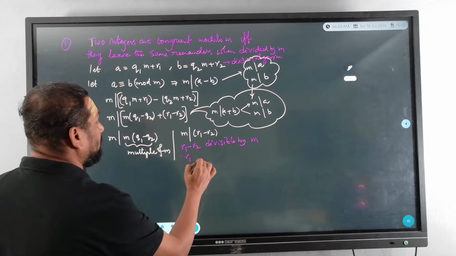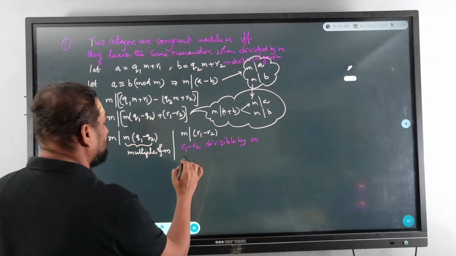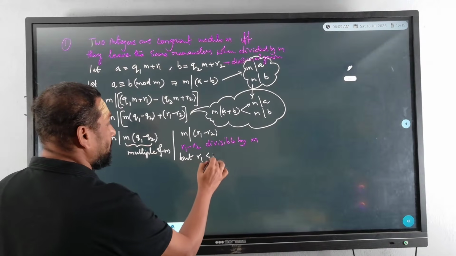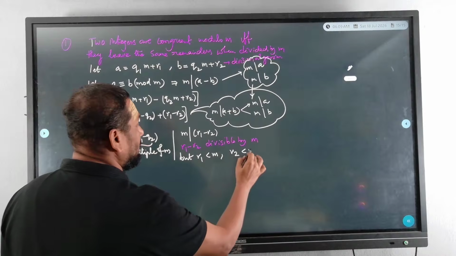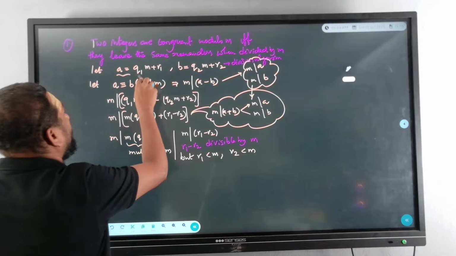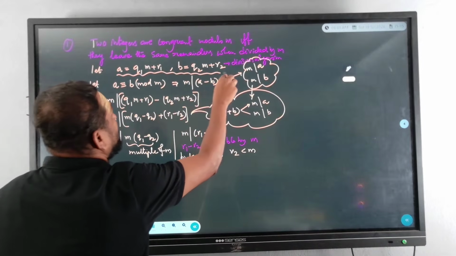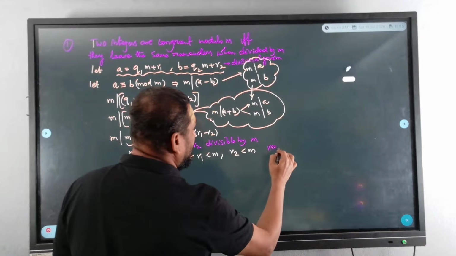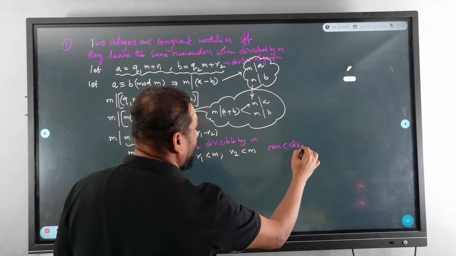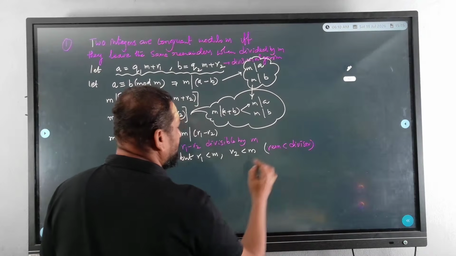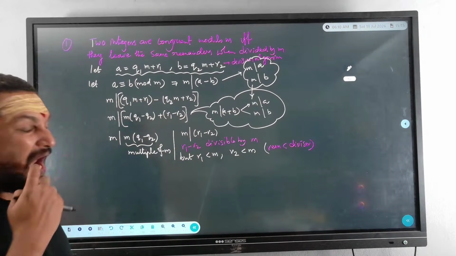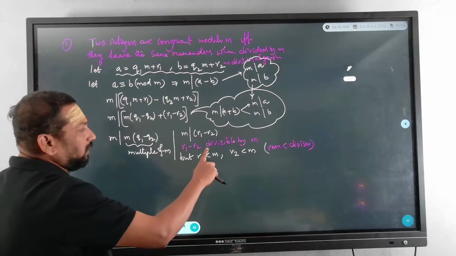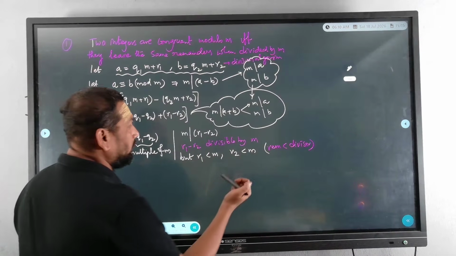See, R1 is less than m, and R2 is less than m as per this definition. So the remainder is always less than the divisor. R1 minus R2 divisible by m, what does it mean?